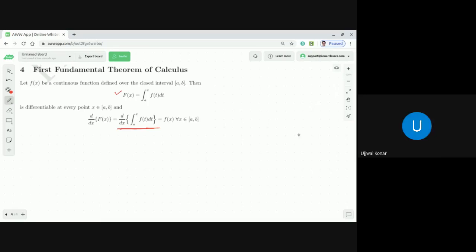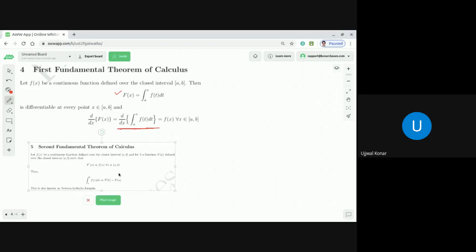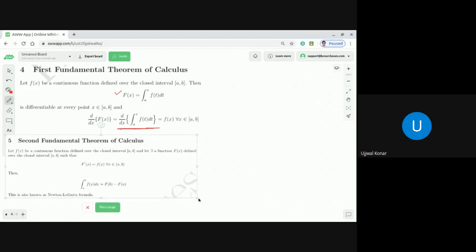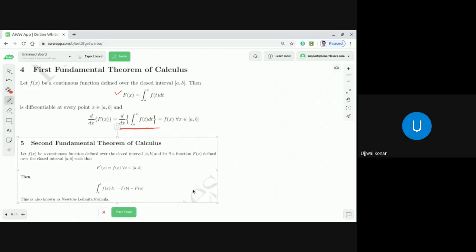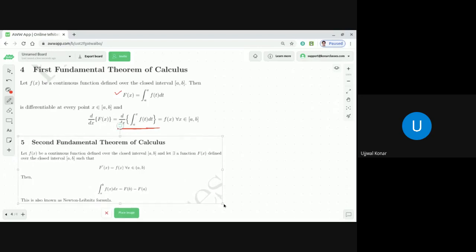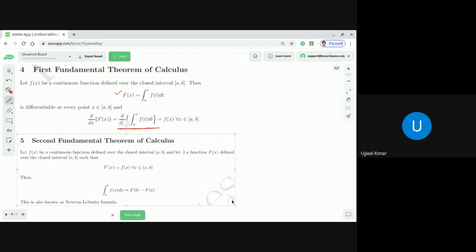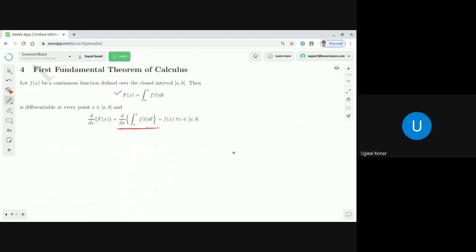And the second one is the second fundamental theorem of calculus, which is also known as the Newton-Leibniz formula. Just for your information, after that we'll proceed to the main part of the discussion.